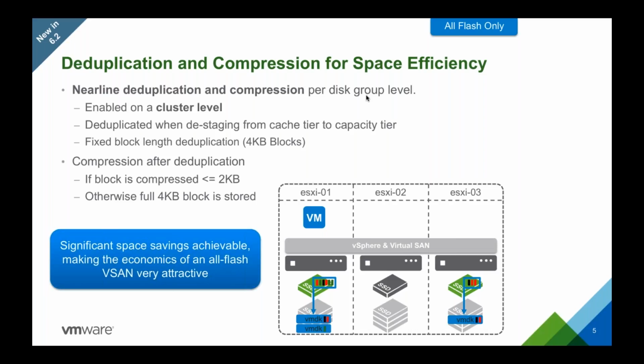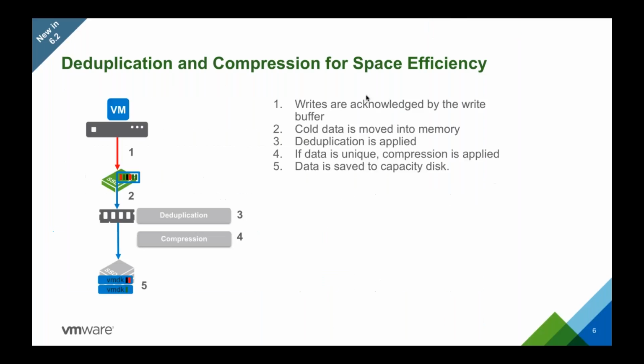Now let's talk about how we accomplish that without significant overheads or problems that traditionally come from an inline type process. One thing we did is we did not want this to introduce latency or significant performance challenges. And so what we do is the data is actually written fully hydrated to the write buffer. So in all-flash vSAN, you have 2 different types of flash.